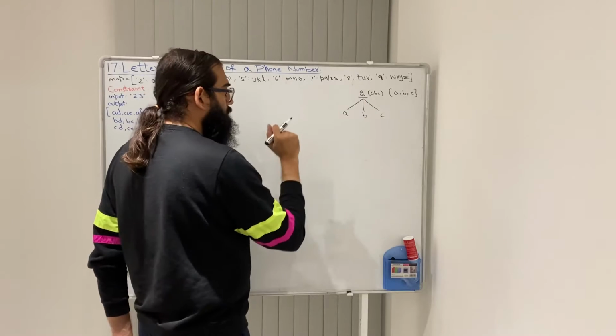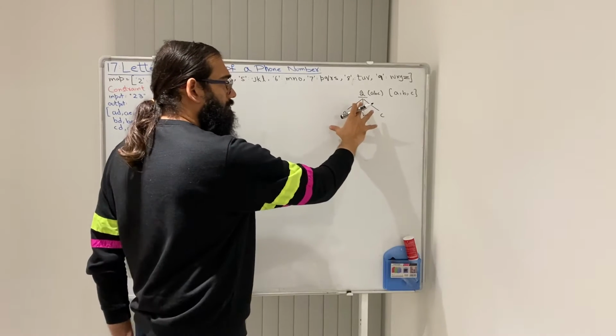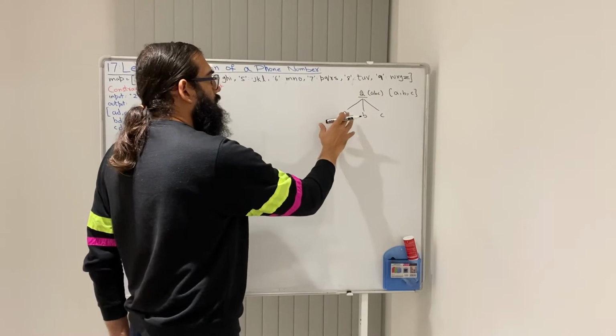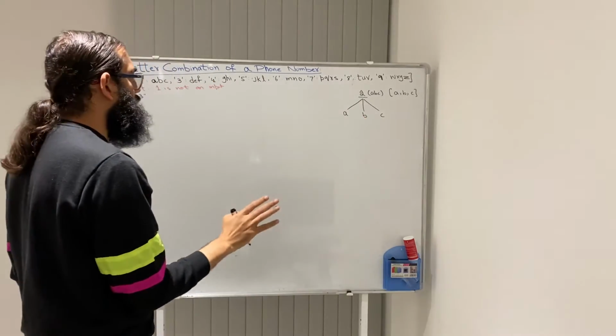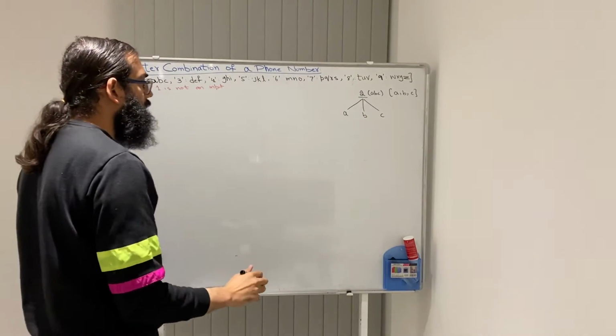If I have one input, I can make this type of tree. And if you have a tree, it's most probably pretty easy to write a function for it.